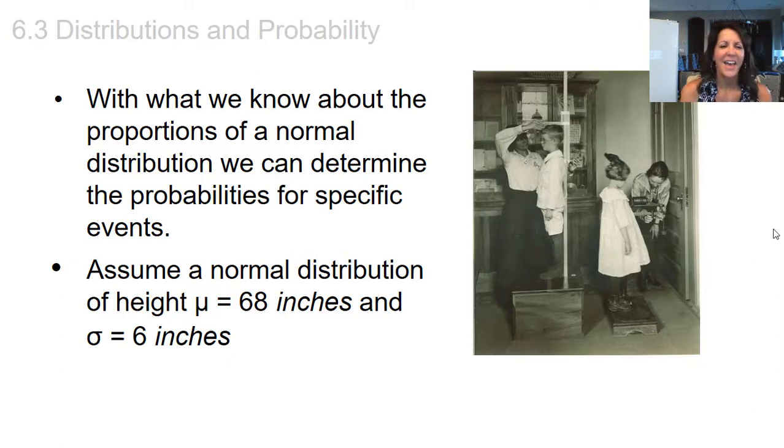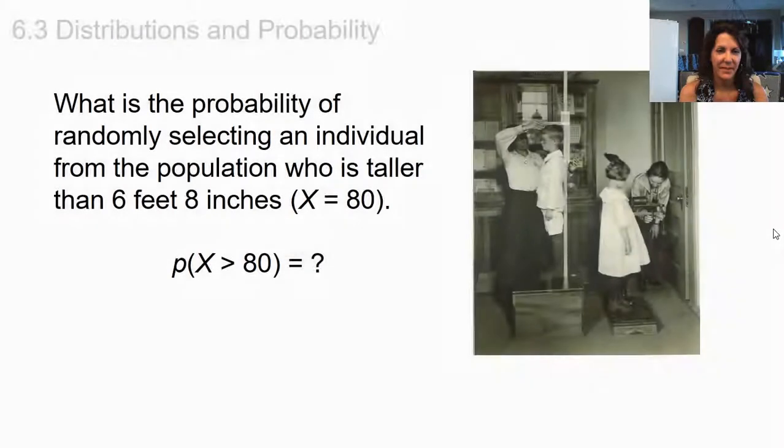And the standard deviation is 6 inches, right? So those are the parameters of the population. What is the probability of randomly selecting an individual from the population who is taller than 6 feet 8 inches? In other words, 80 inches. That's the conversion. So the score is 80.